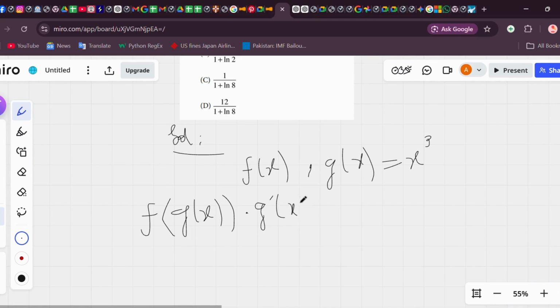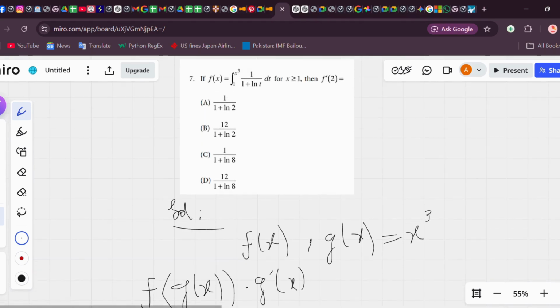So if the integration of this function is going to happen, the integration will be removed or solved. All right, so this is our question. Now moving towards solving it through the formula.